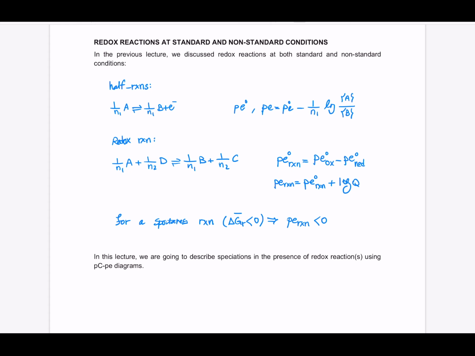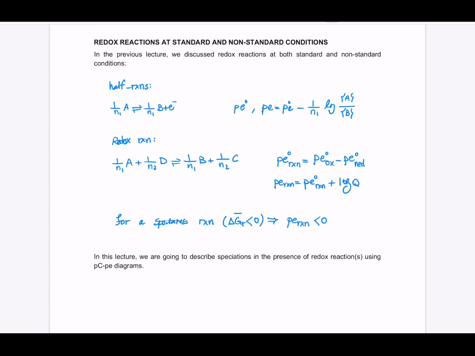And based on the last line, we had one example that shows whether, for example, this specific species could reduce or oxidize another species. So we did that for standard condition, but we can do it also for non-standard.